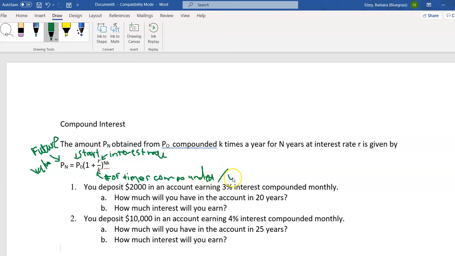And then finally, capital N, right here, is the number of years.